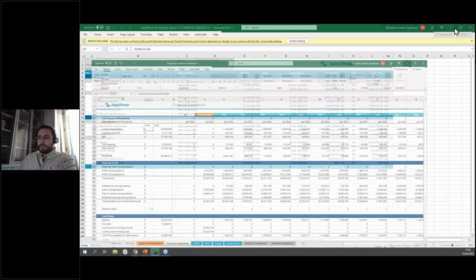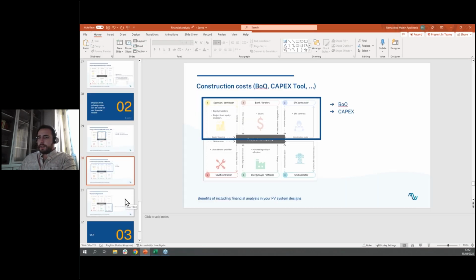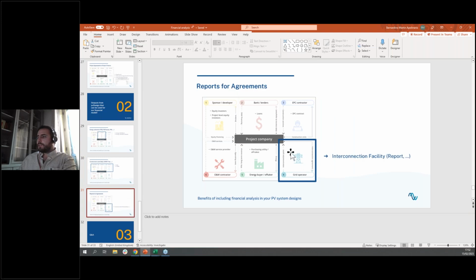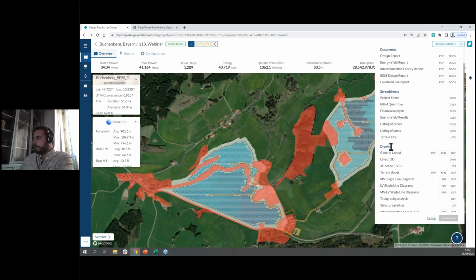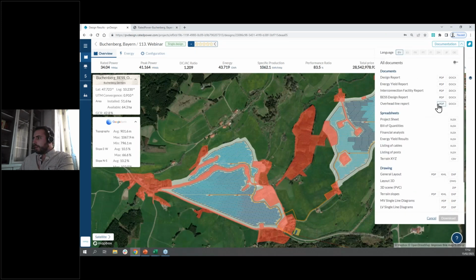Other interesting outputs from pvDesign are the reports, for example, for the interconnection facility. If we want to be connected to the grid with the grid operator, we can share some reports like this one here, the headline report or the interconnection facility report.